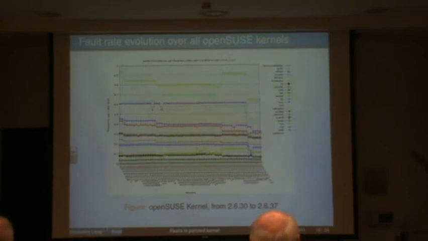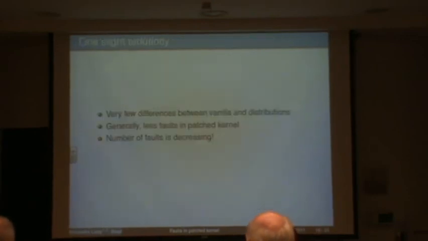There are some slight drops, but we can get one slight tendency, which will be a kind of conclusion. There are very few differences, and when there are, in general, they are in favor of the patched kernel.